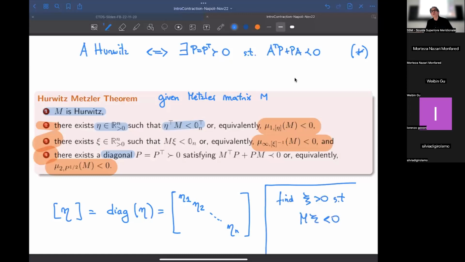This is a feasibility problem for a linear program, and so this can be solved for relatively large size problems. It's just a linear program.